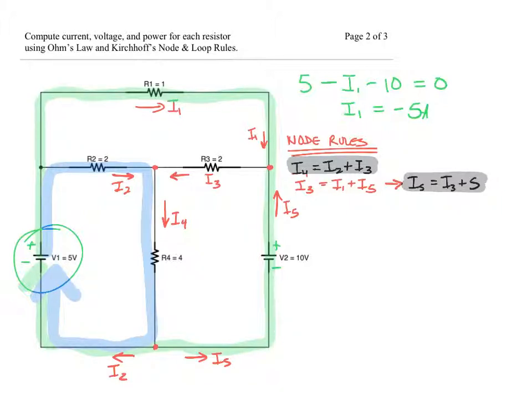All right. Let's take a trip around this block right here. So, loop rules. So that's going to be uphill through that battery, positive 5, minus 2I2, this resistor right here, and then minus 4I4 for that one right there.